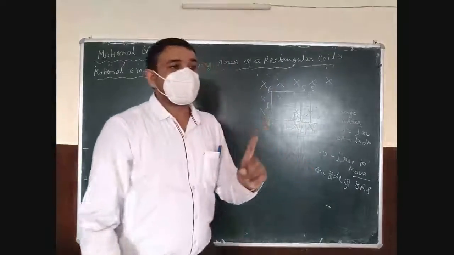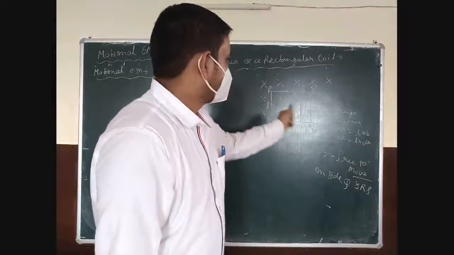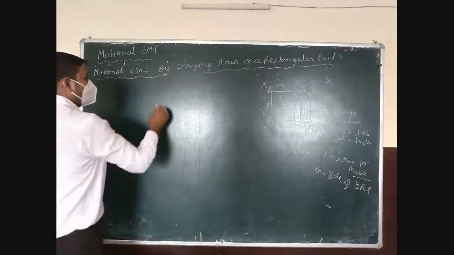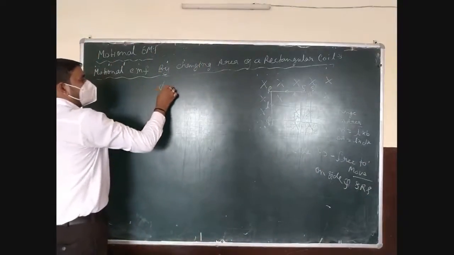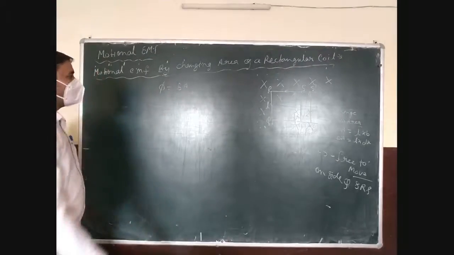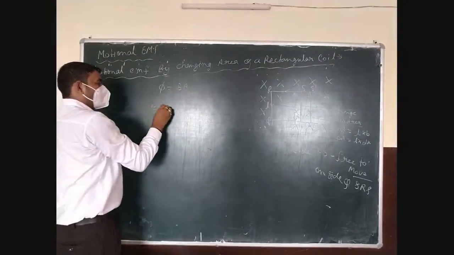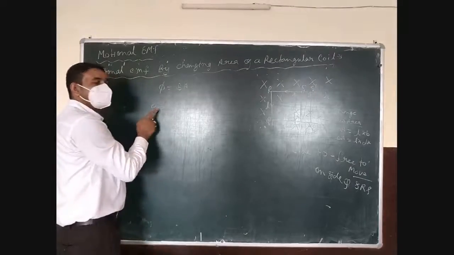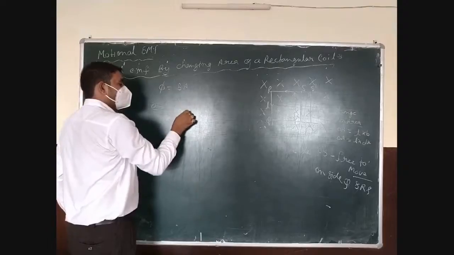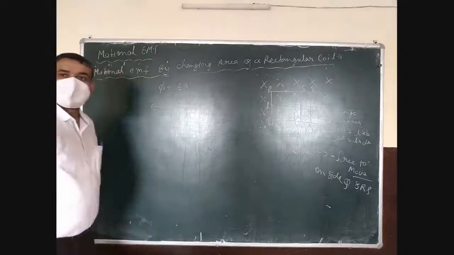Now here we have two methods to approach and find this induced EMF. As you know, phi is equal to B A. Clear? Now according to Faraday's law, the induced EMF is numerically equal to the rate of change of flux.